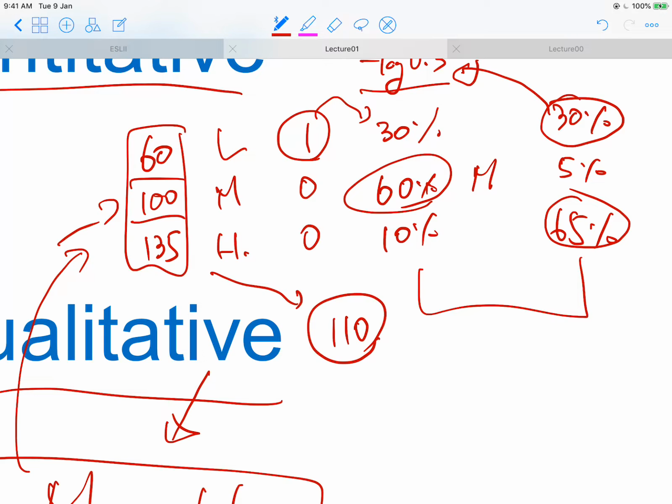Because on average, if we are not sure, this middle value will be the best strategy to minimize the regression loss, right?